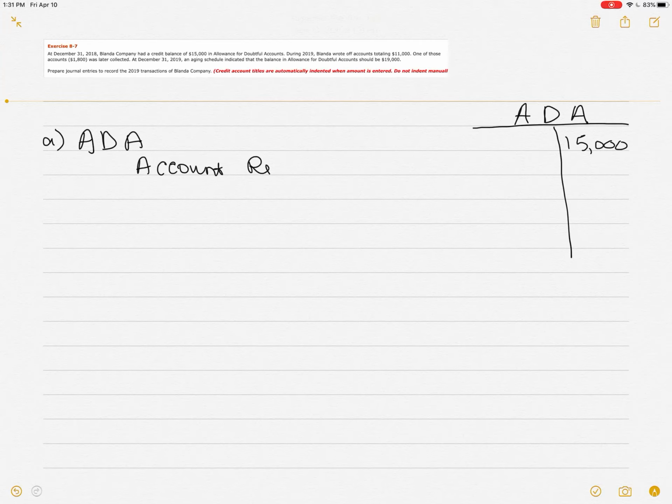This is because we've already recognized that bad debt expense at the end of last year when we did those adjusting journal entries. So when we write off an account, it was for $11,000. We debit that allowance for doubtful accounts, credit our account receivable. I'm going to keep track of this. You'll notice here, I'm going to put in that debit for $11,000.